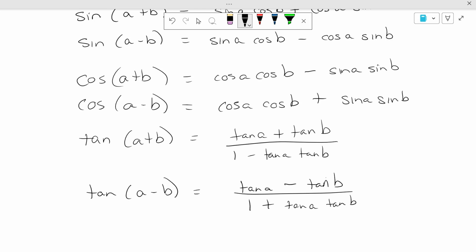We will still have more tomorrow that we'll put on our note card. These are today's note card formulas.